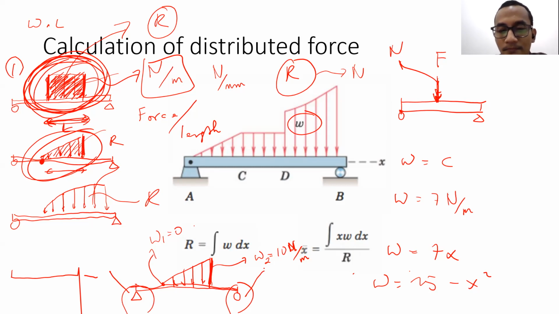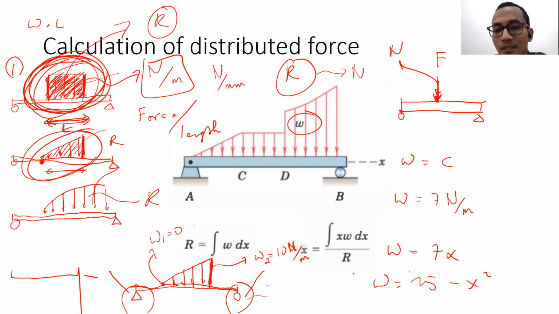Can you restate that again? So basically, later I will give you some example on that. Because most of the time we have to find out the other external forces, which are happening at the joint, at the support, due to the distributed force.